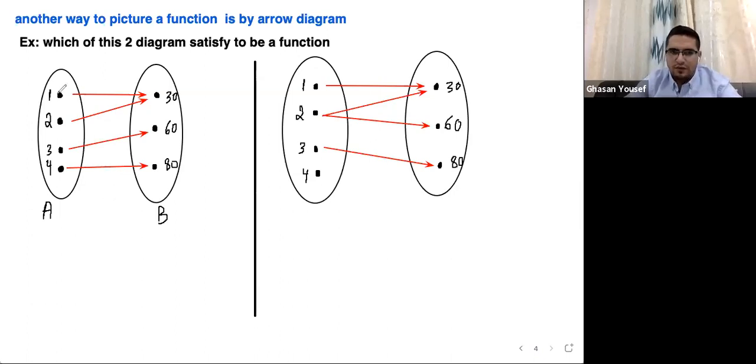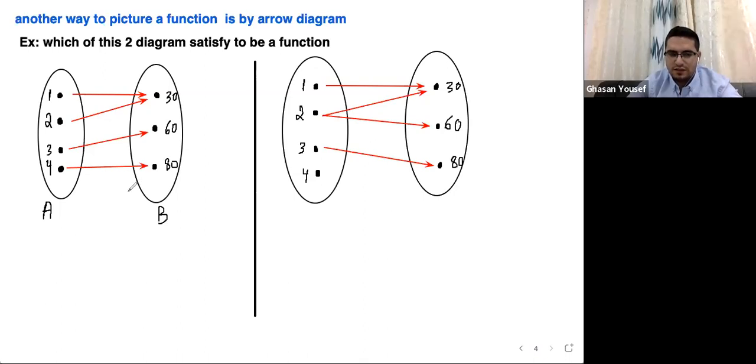If we look into it, 1 takes 30, 2 takes 30, 3 takes 60, and 4 takes 80. Anta said yes, and the answer is yes.